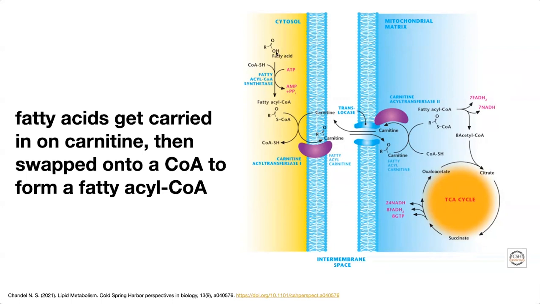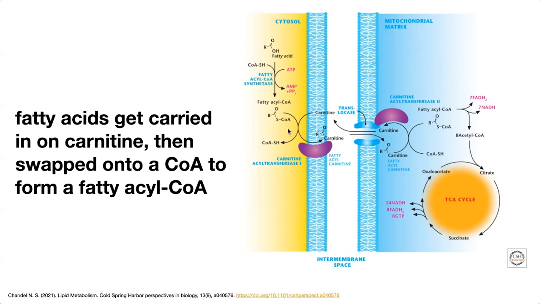It's going to take the fatty acid and put it onto CoA. It's going to take ATP to do this because we're forming, remember, this higher energy bond. And so now we have this fatty acyl-CoA, but this was in the cytosol, and it needs to get into the mitochondrial matrix.